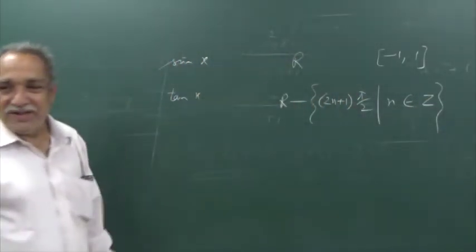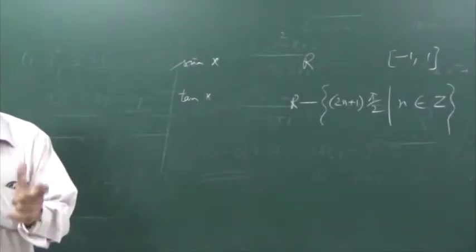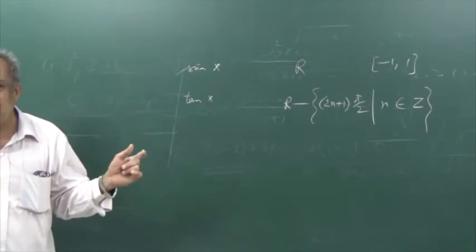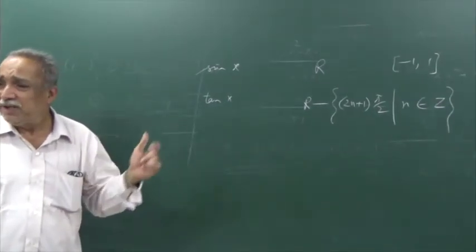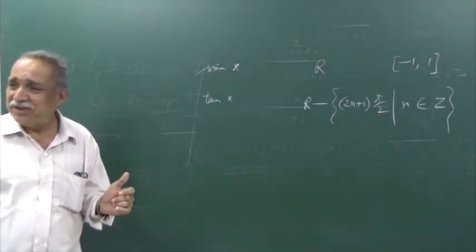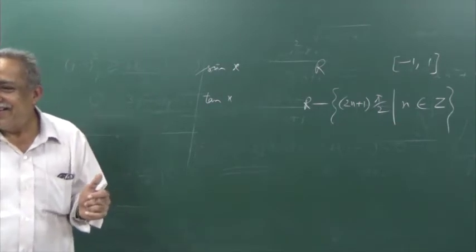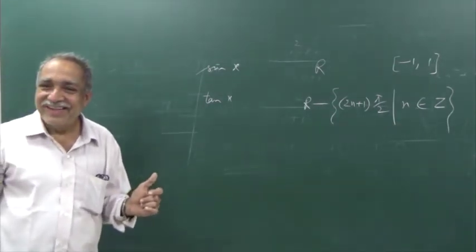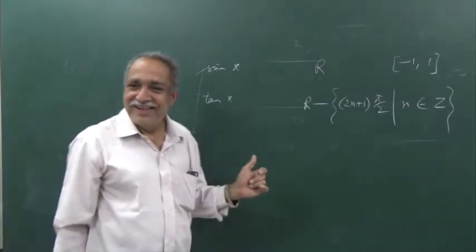This will be the domain. Can you describe it as an interval or union of intervals? It will not be a single interval, but may be expressed as a union of intervals. What will be that union? Any attempt? Yes? Not possible?